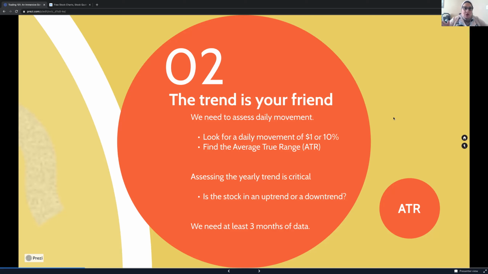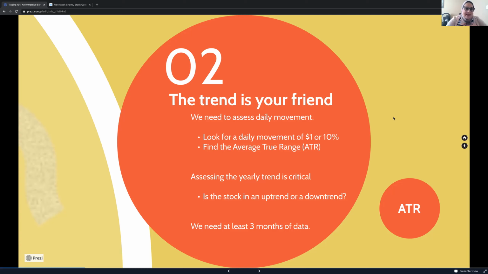It will tell you the daily low and the daily high of the previous day. So when you look up the stock, you can see daily low, daily high. Sometimes I just go with that. I'll look, and I'm like, okay, it looks like it moves at least $1. It's moving $4, whatever.